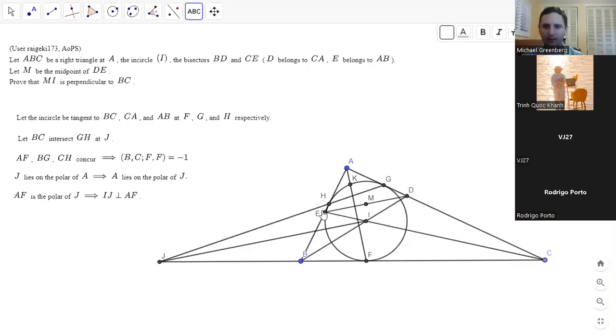And DCE is half of angle C, and DEC, what's the best way to do this? So we want to find a relationship between angle DEC and angle AFB. I think we just want to show those add up to 90. I'm not sure. Actually, maybe not.